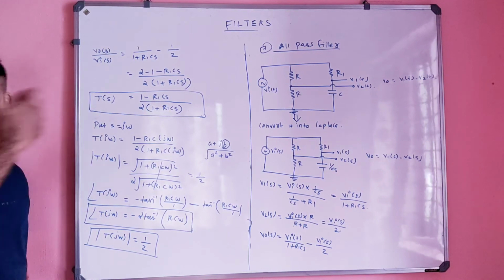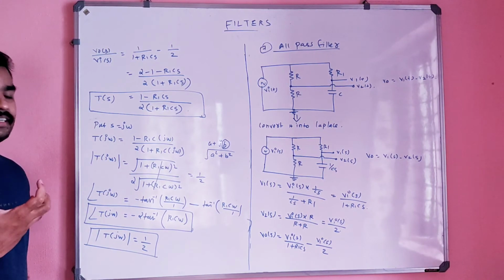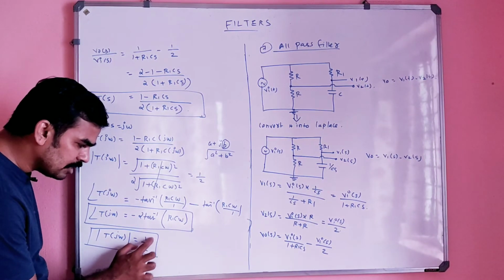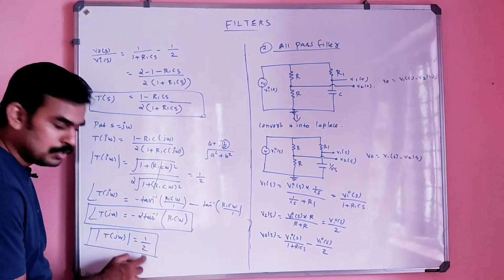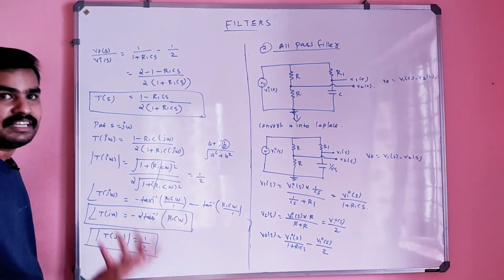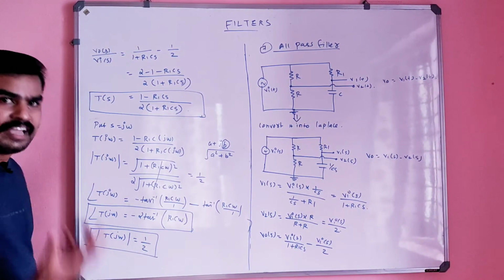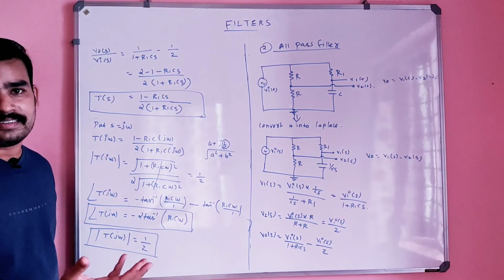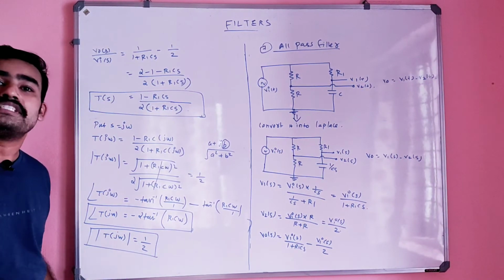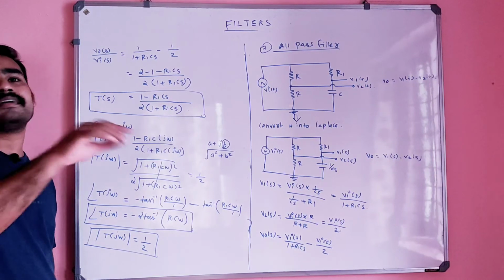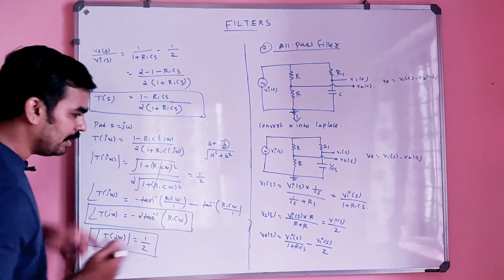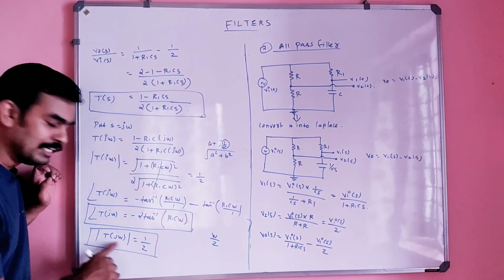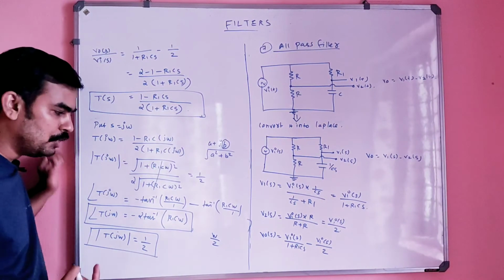Amplitude determines the output, right? If something is there with respect to omega, suppose it is omega by 2 or 1 by 2 omega, some terms connecting omega, then we can say that it is not an all pass filter, as it has a frequency dependent term. Suppose the magnitude of T(j omega) is omega by 2.